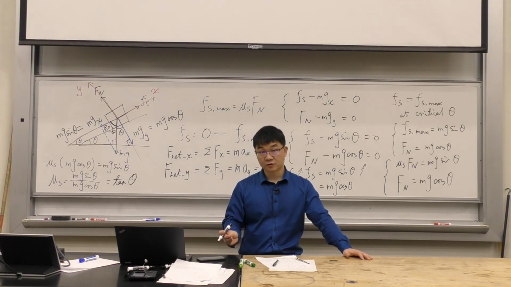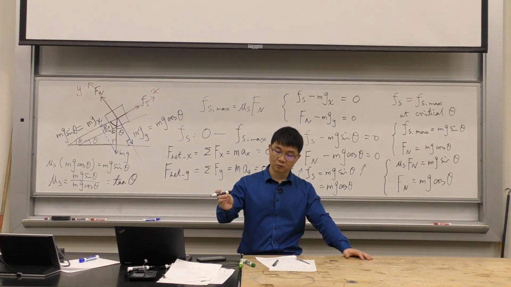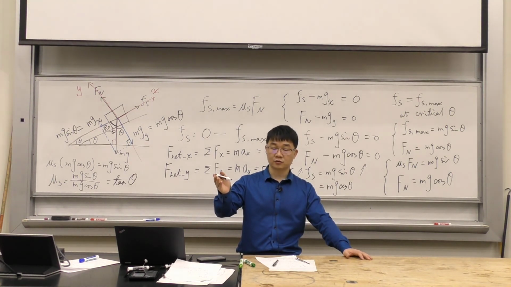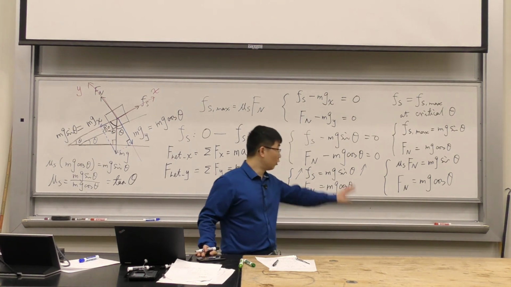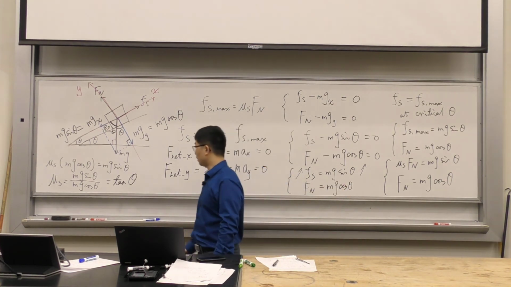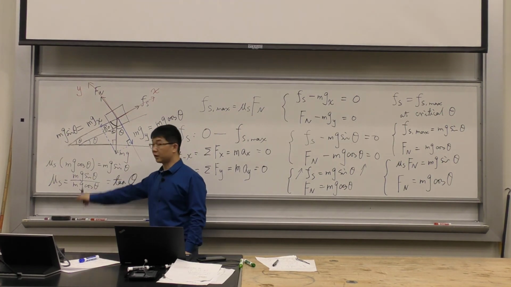Raise it very, very slowly, and it still stays there until you find the angle where this object starts to slide down, and you record that angle. And then you do all this algebra, you find that I need just the theta angle. I don't need any detail about the surface, the object, right? I just do tangent theta, I will get mu s.